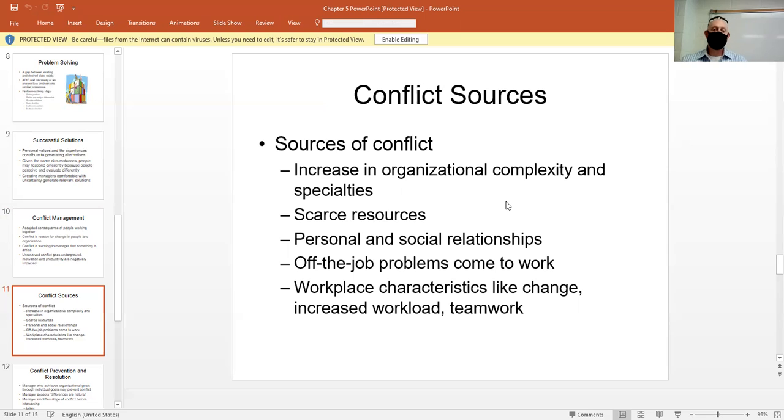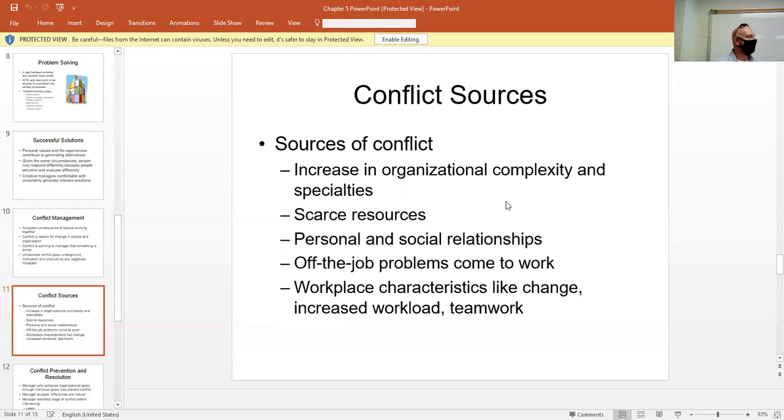So when things become complex and you have new specialties, you're going to have people buck the system because they aren't comfortable with that. Scarce resources are another source. People complain, we don't have enough materials. You want us to provide art therapy, but you're not giving us enough construction paper, crayons, or markers.